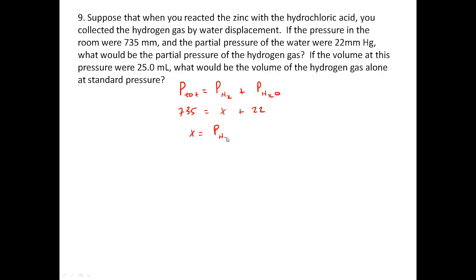The partial pressure of hydrogen is going to be 713, if I'm not mistaken. If the volume was 25 mils, what would be the volume of the hydrogen gas alone at standard pressure? Standard pressure is 760.